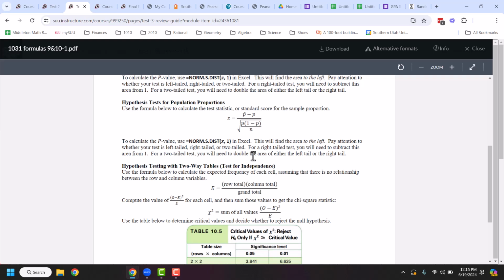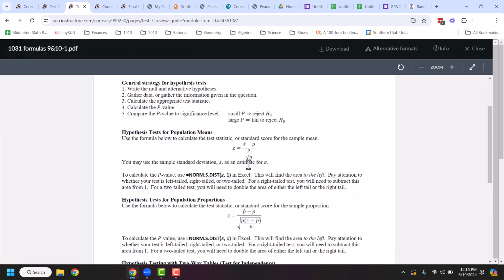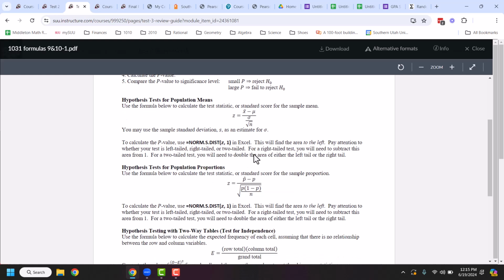And again, you determine whether it's left-tailed, right-tailed, or two-tailed. And that would be how you would use that hypothesis test. So in both of these, you're comparing the sample mean or proportion that you found to the mean that you expect.